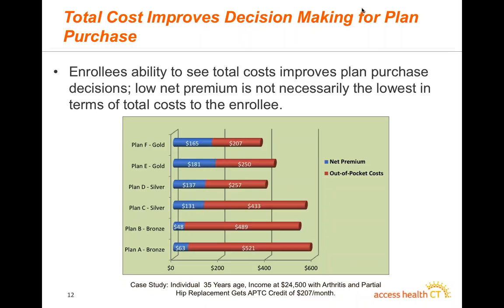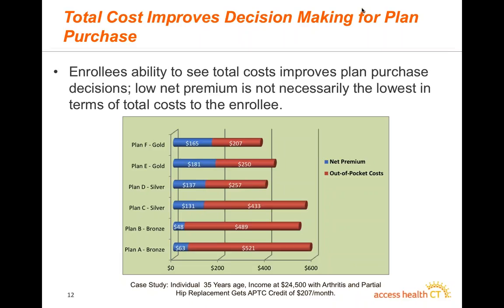Then you can see that, lo and behold, if you bought plan B because it's a bronze plan, you could see your out-of-pocket cost. You declared that yes, my wife is going to be pregnant next, she's going to have a baby next year, and I most probably need knee surgery, a bad knee, or my kid is going to have this or that.